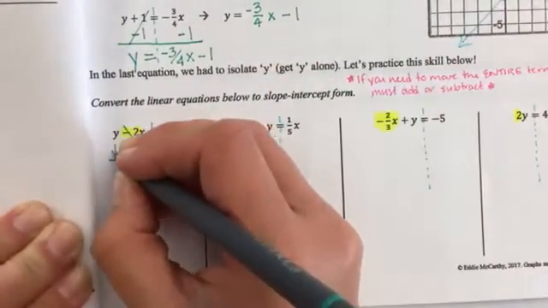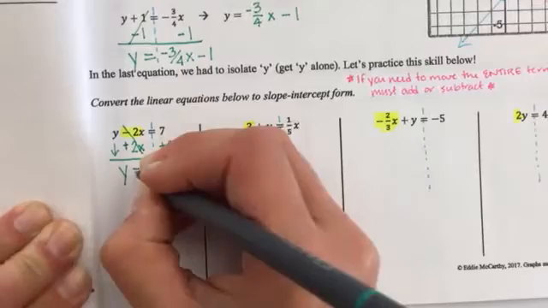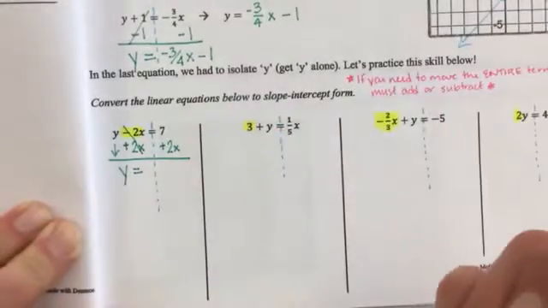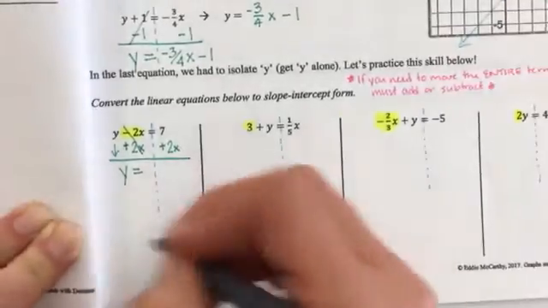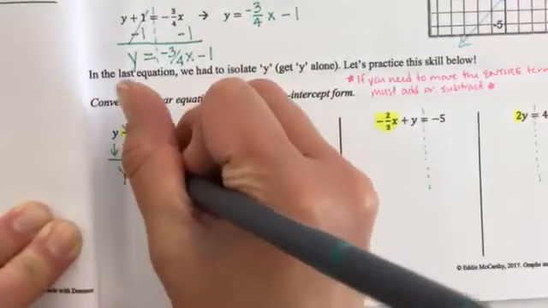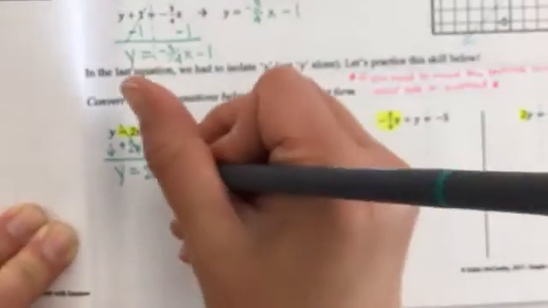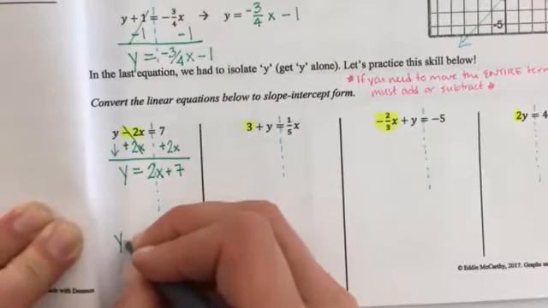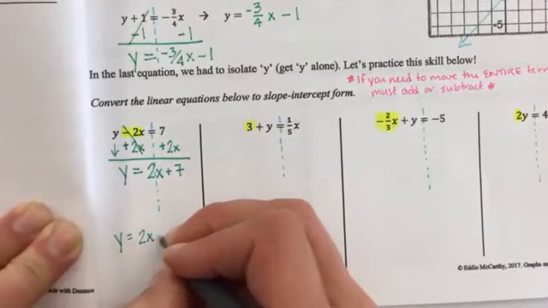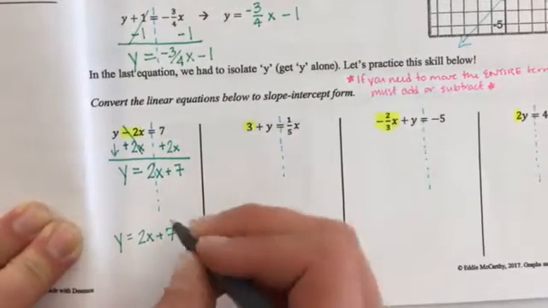Then those cancel out and you bring down the y. Okay, now here's the thing. We know that we need to have the x term first. So I just write it first. It's a positive 2x, and then the 7 is also positive. So this turns out to be plus 7. So y equals 2x plus 7.